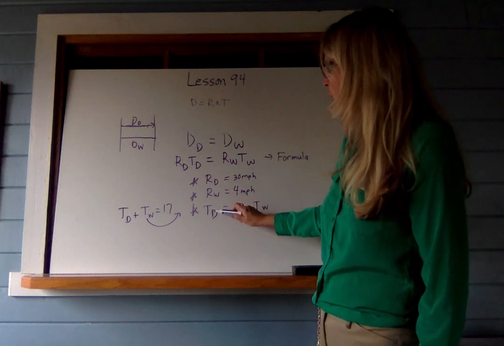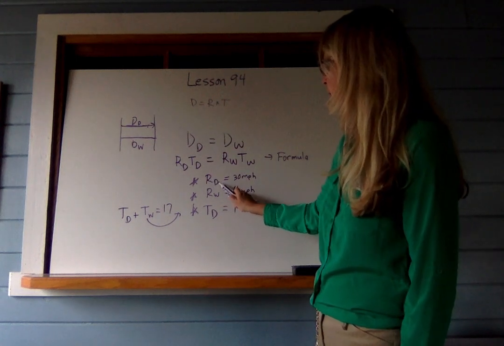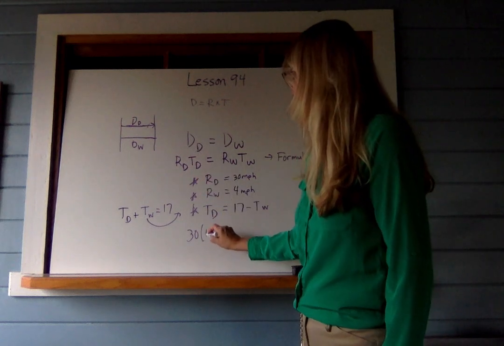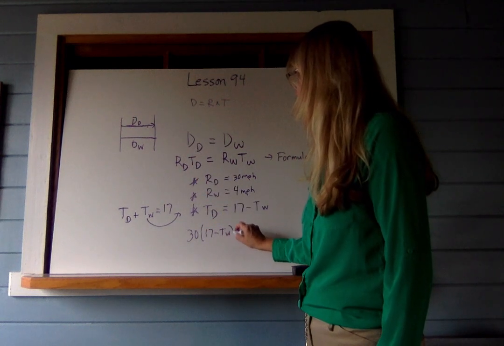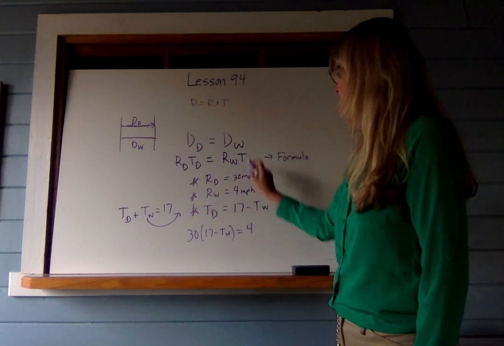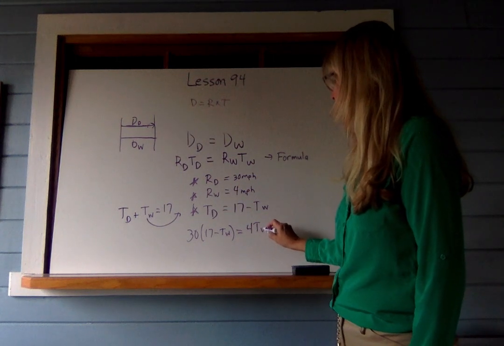Now we've got 3 knowns and we're going to plug in. RD is 30, TD is 17 minus TW, equals RW, which is 4 times TW, and of course we're solving for TW.